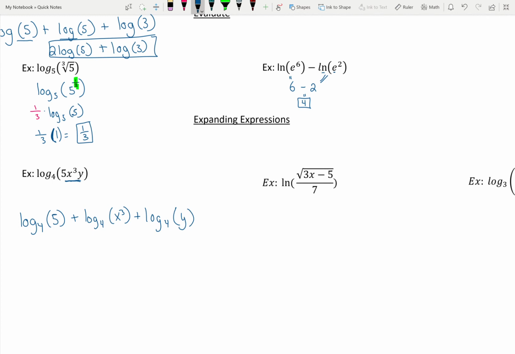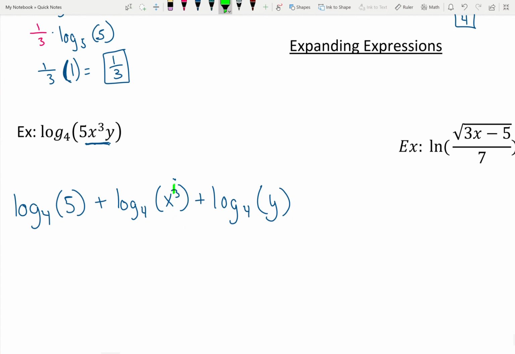So we're almost done here. We didn't simplify fully because we still have an exponent of 3 right here. So to fully simplify, we should get rid of that guy. And we already know what to do, right? Now we know how to use the power rule. So our final answer will look something like this.